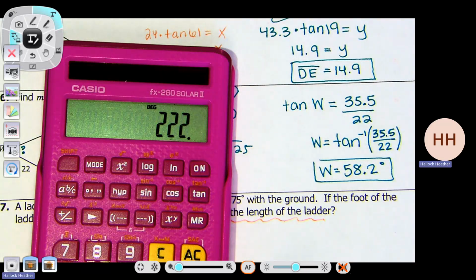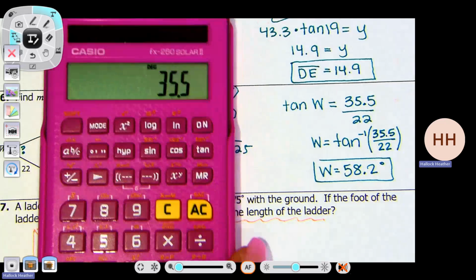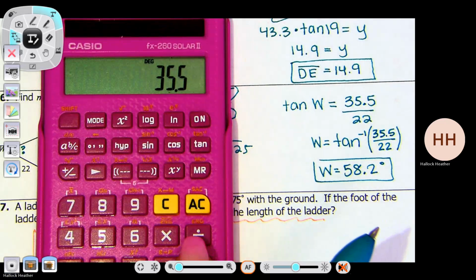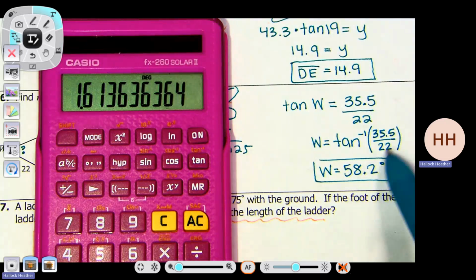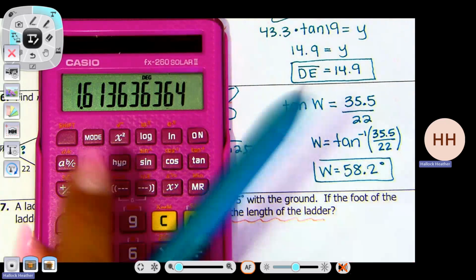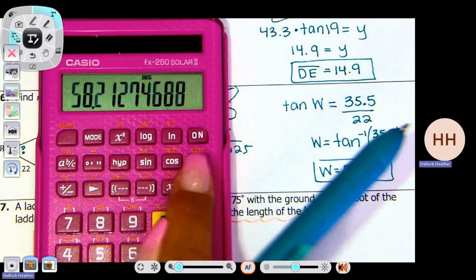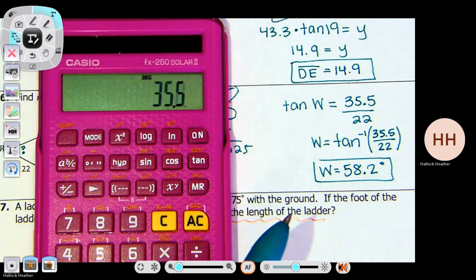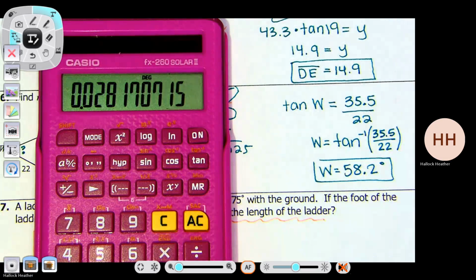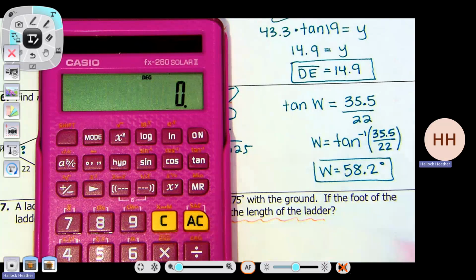Oh, wait. 35.5, and you're dividing by 22. Press equals. You get this crazy nonsense. Then you're pressing tangent. So shift tan. You probably forgot to press shift. No, because then it gets 0 or something.